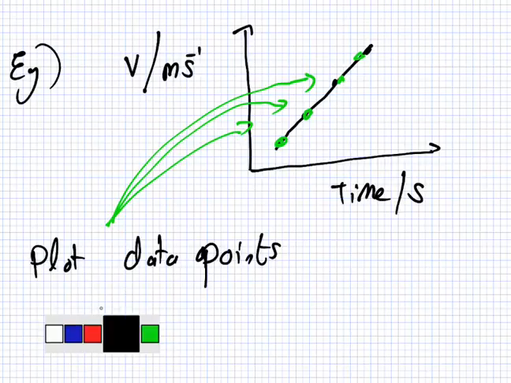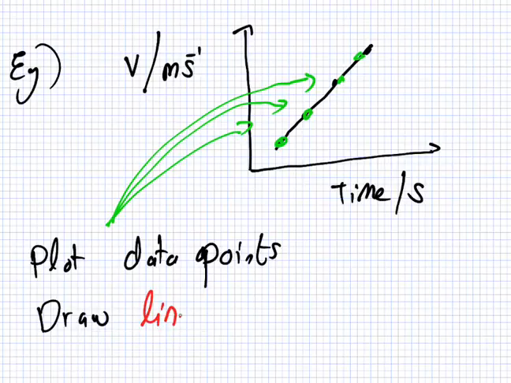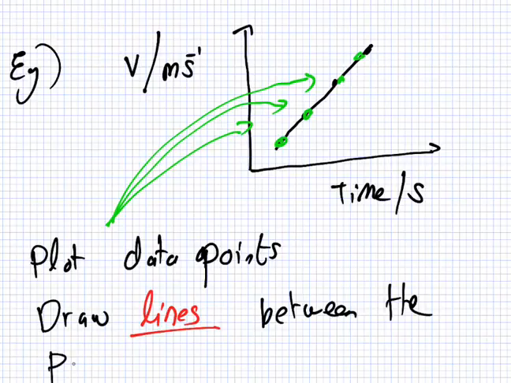And then very importantly, you draw lines between the points. So when you say line graph, it means you have lines between the data points.